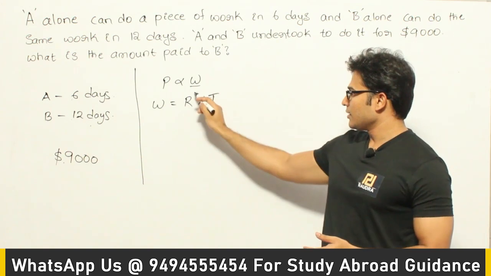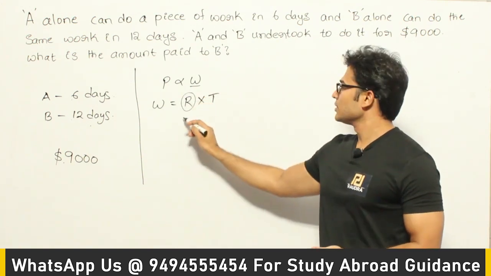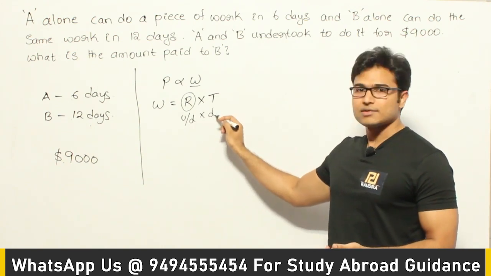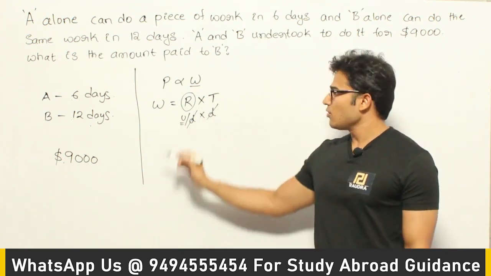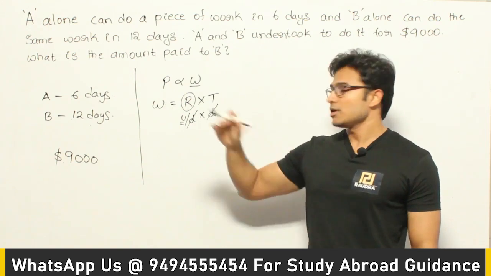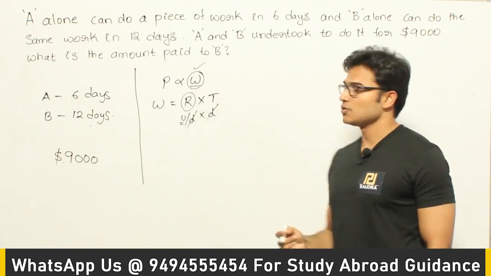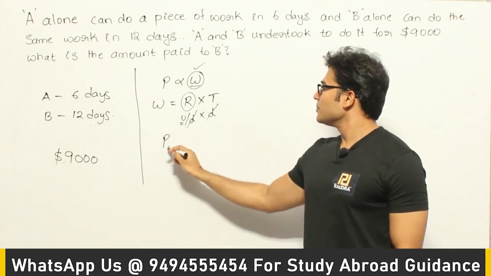For example, rate will be measured in units per hour or units per day, and the time is going to be measured in number of days. Therefore, when you multiply it, you get the work done in units. Depending on the work done, you can increase or decrease the payment. So if you have two people working on the project, what can we say?